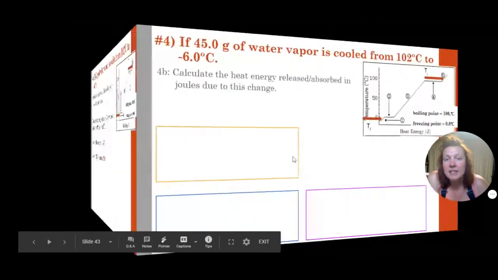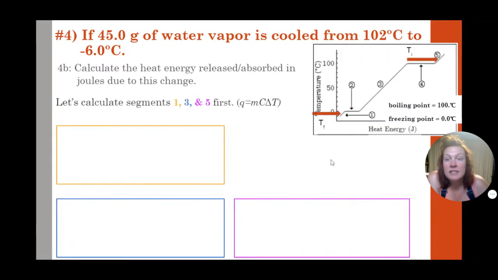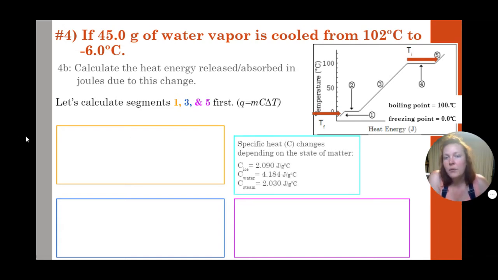So let's calculate segments 1, 3, and 5 first because they involve Q equals mCΔT. This is something we've been using since the beginning of the school year, so it's pretty straightforward. Before we do that, there is a slight change. We are familiar with what specific heat is. Remember, specific heat is the amount of energy required to increase the temperature of 1 gram of substance by 1 degree Celsius. If you have a higher specific heat, you require more energy to increase the temperature.